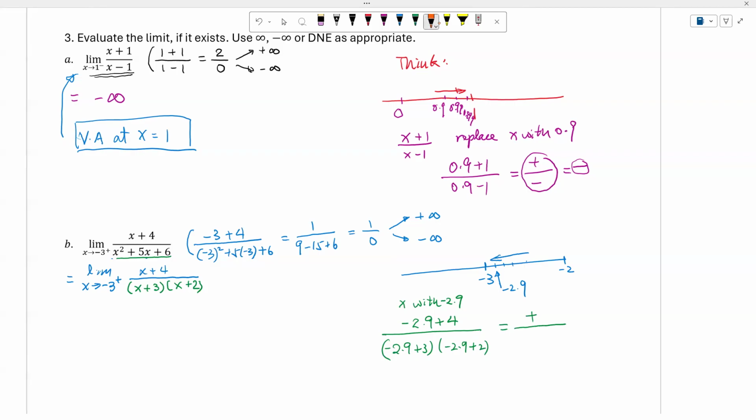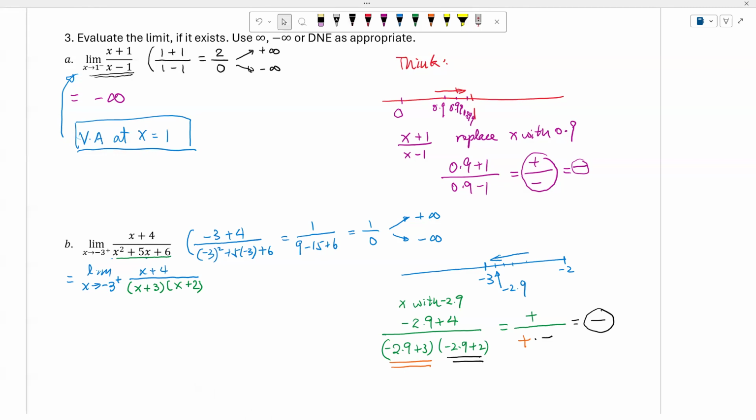And this one is negative. So in this case I have a negative output.